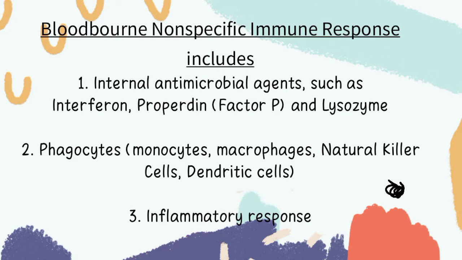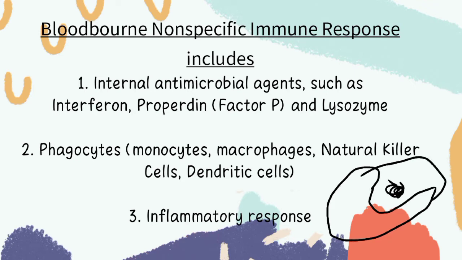When a phagocyte gets close to something like this, it produces some kind of depression like this, which will eventually swallow the dangerous material into it. So we have some examples of phagocytes. We have the monocytes, which are white blood cells, the macrophages, the natural killers.